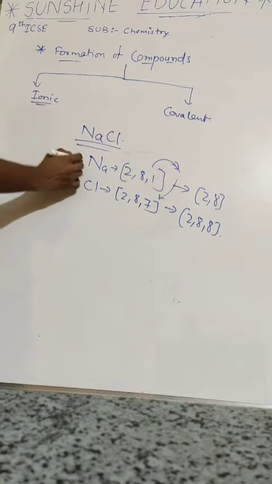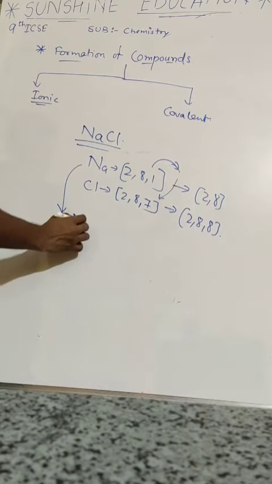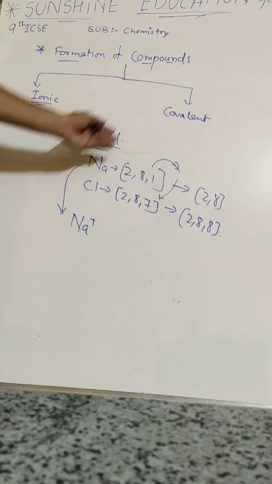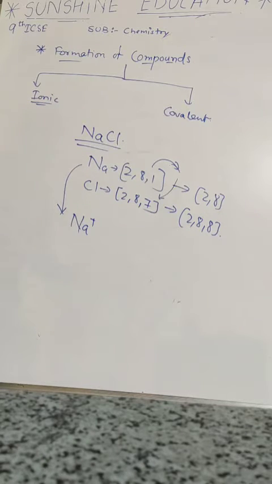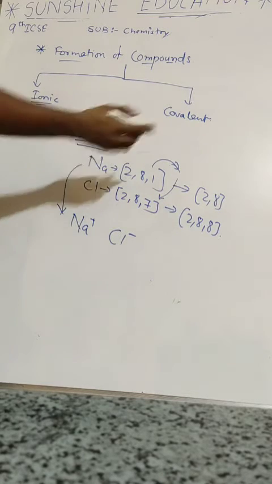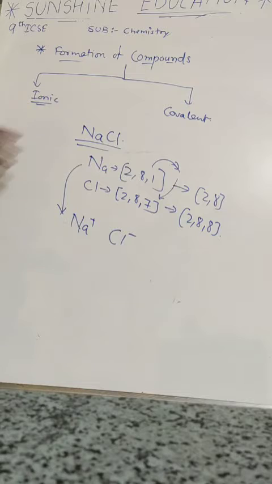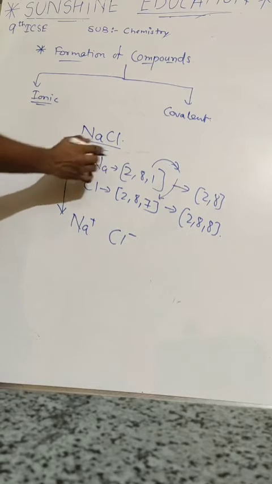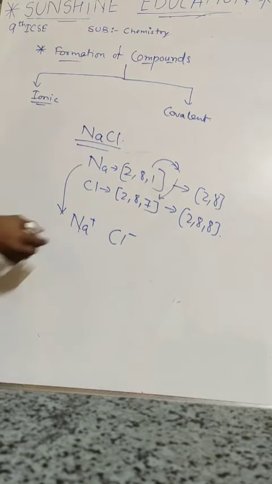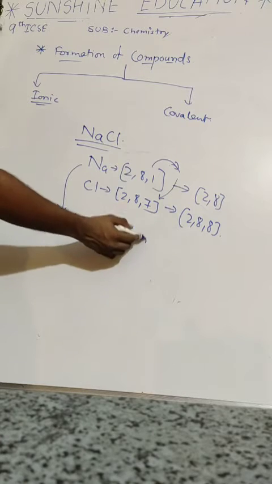But the result of it, sodium becomes Na+ because of the donation of one electron, and chlorine becomes Cl- because of the acceptance of one electron. We all know valency of sodium is 1+ and valency of chlorine is 1-, and we already have covered this topic.